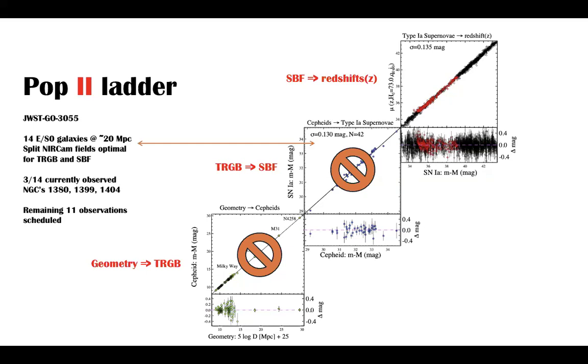We're starting to get observations in the Virgo cluster, but we haven't got those yet. But we will, by the end of this cycle, have the information we need to have a good transfer of TRGB-SBF.